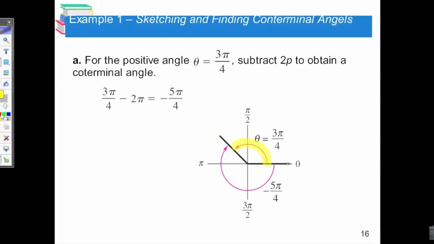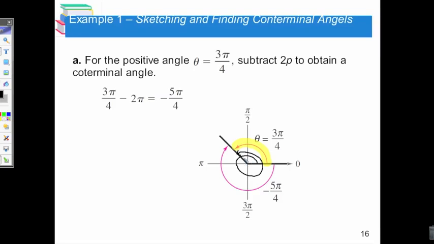Now I said that there's different ways we can do this. I could do it by just finding the negative angle, which is what I'm going to be doing, finding this negative angle right here. Or I could do one full rotation around the circle and land right here again, terminating at the same point. But that one is a little bit easy.